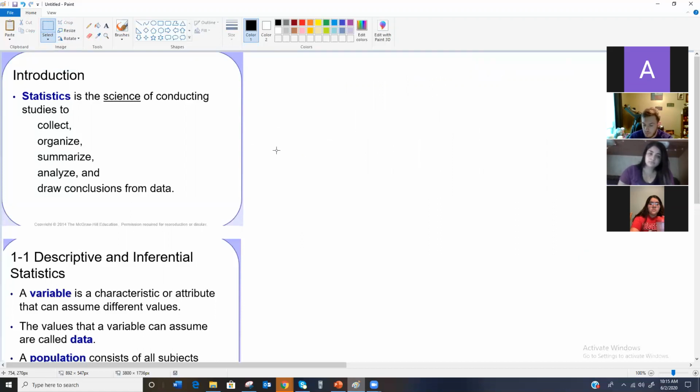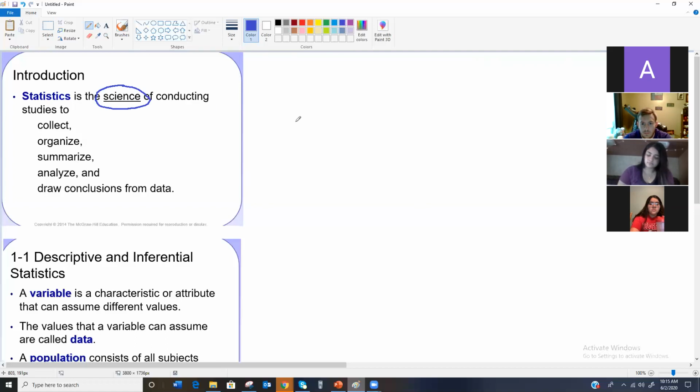There we go. Okay, so you'll notice that the very first sentence of our notes is kind of unusual. It says that statistics is the science of conducting studies to collect, organize, summarize, analyze, and draw conclusions. Well, why in a math class does it say in our first slide that statistics is a science?